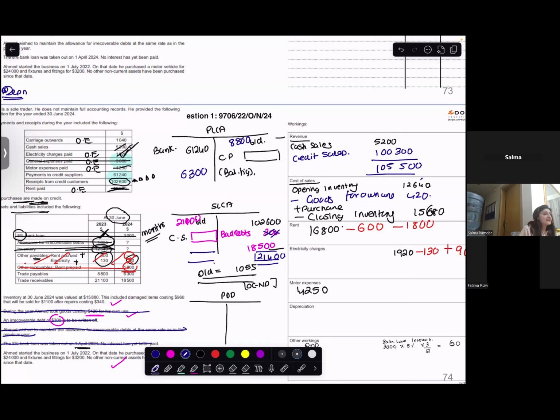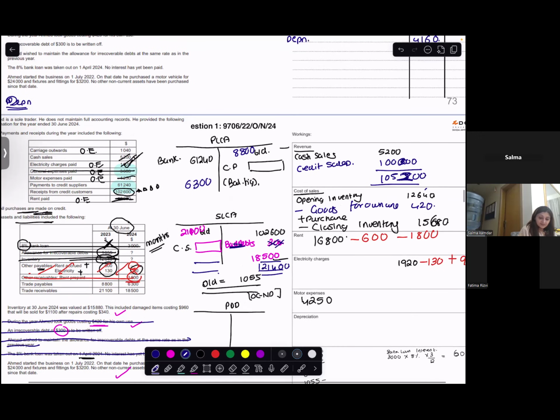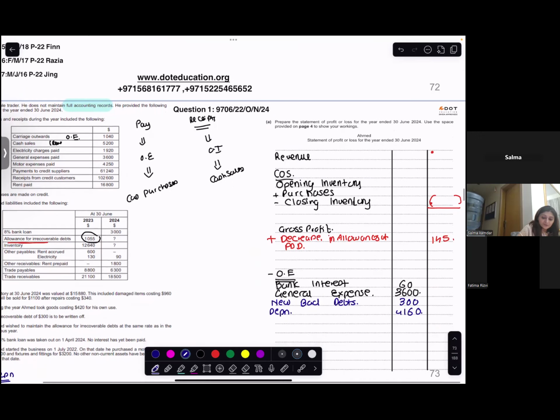I hope you're with me. I will remove the new bad debts right now and make this 105,200. Let me come back to it and check later. Revenue is 105,200. Are you with me?